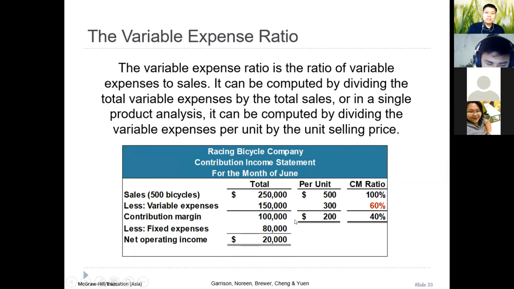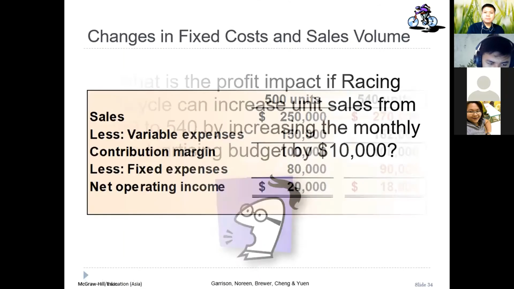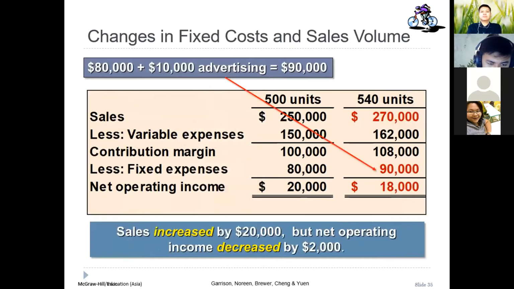Let's see what happens here. So from 500, you increase your units sold to 540, and you increase your advertising budget by 10,000. 10,000 pala, hindi 20,000. Okay, so this becomes 90,000.